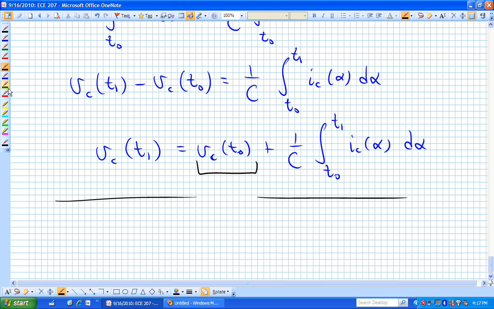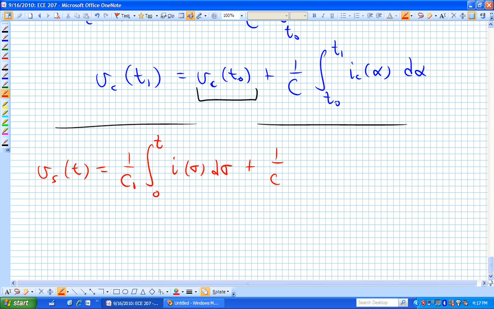So now we can say, oh, V sub S, our source voltage, is actually equal to 1 over C1 integral from, let's just go from time 0 up to time t, I of sigma d sigma, plus, and this piece is V sub C1 of t.